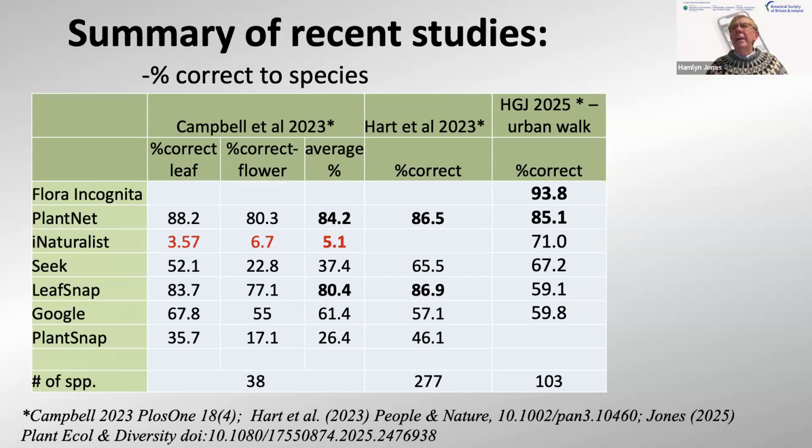On the other hand, my wife Mandy and I did a test on a range of plants we could find over a few days wandering around Dundee a year or so ago. And again, we found Flora Incognita and PlantNet giving much the best scores of percentage correct, well over 85%.